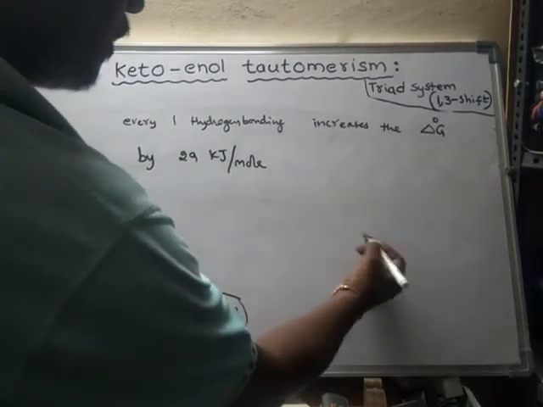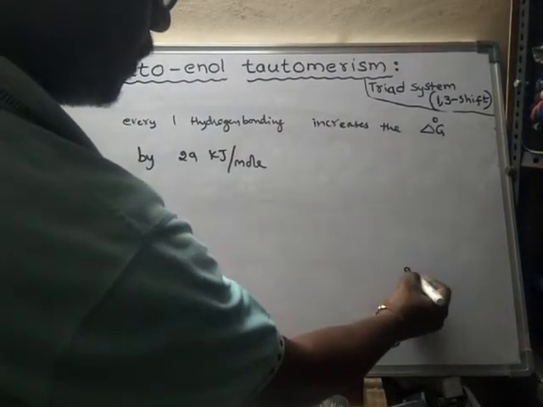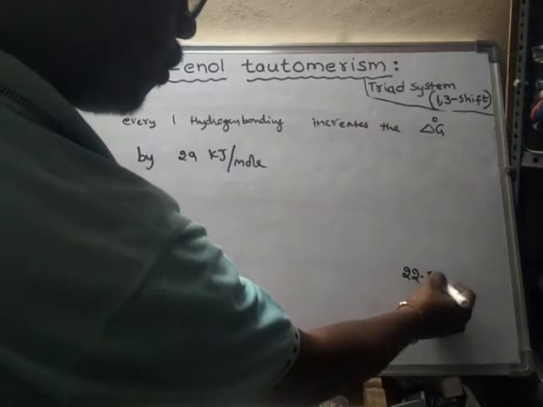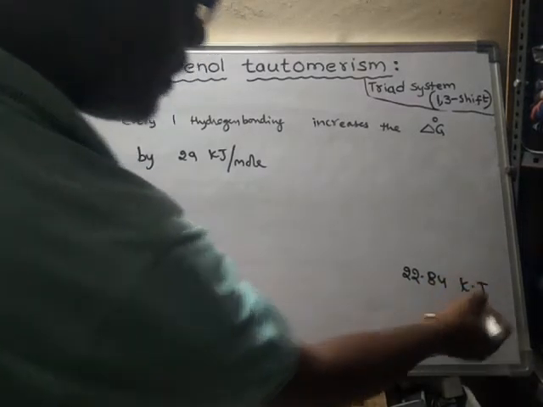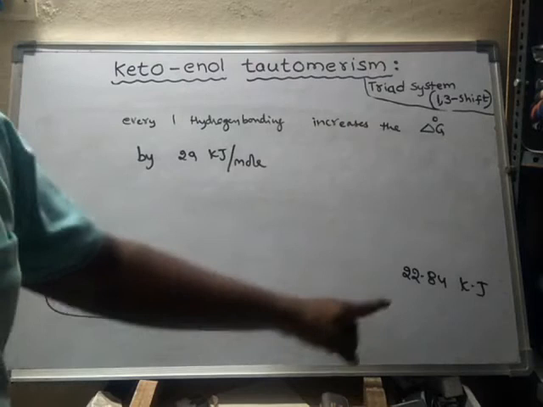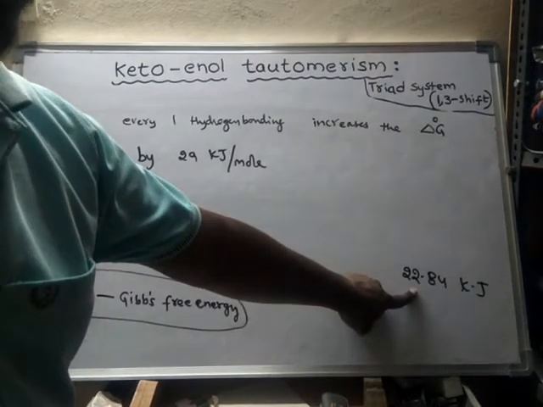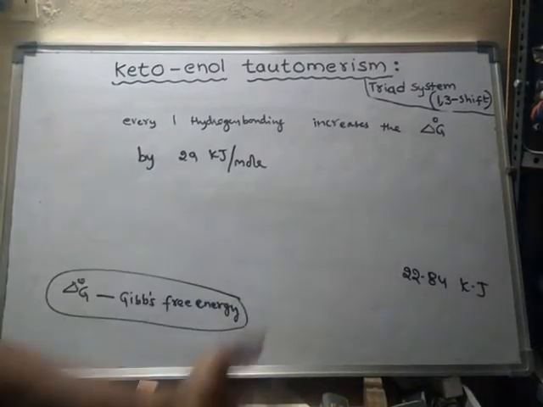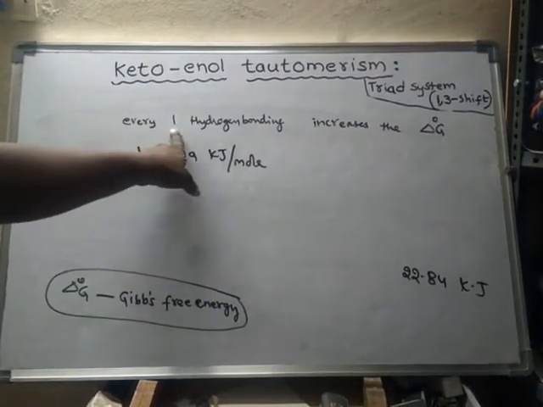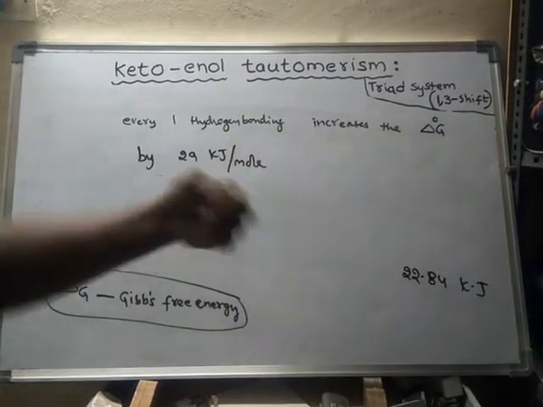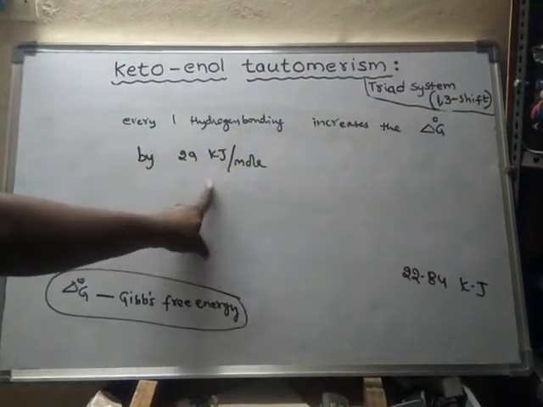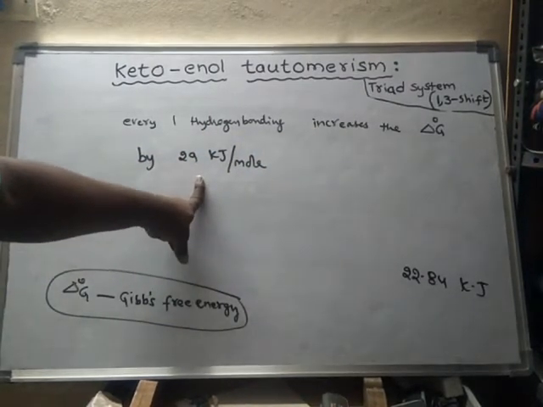Generally, how much more is the keto form? It is 22.84 only. The keto form has more Gibbs free energy by this amount than the enol form. But sometimes the enol form, due to the presence of hydrogen bonding, will gain this much amount of Gibbs free energy.